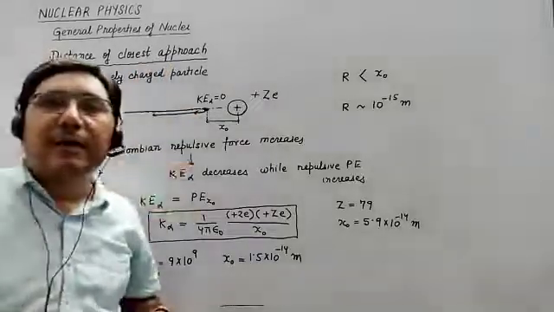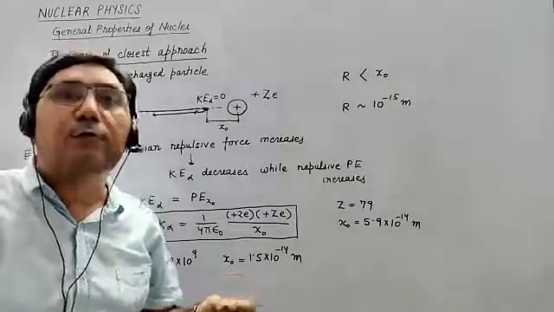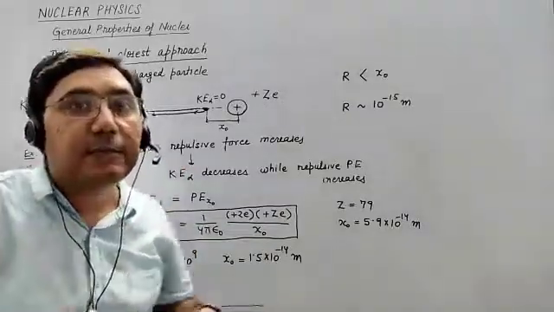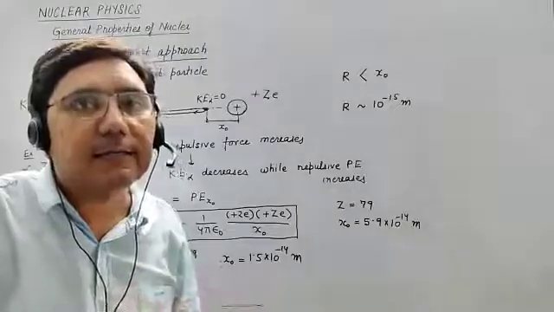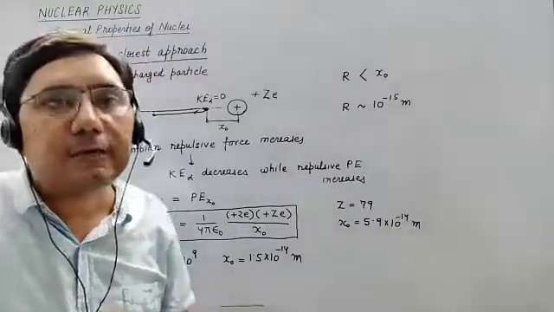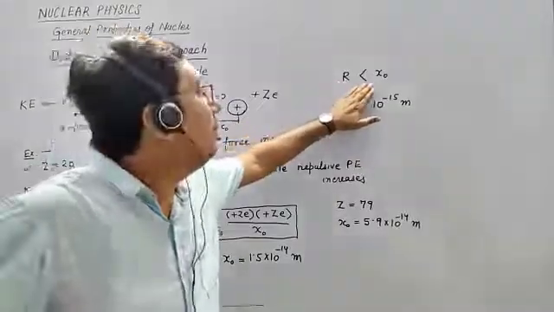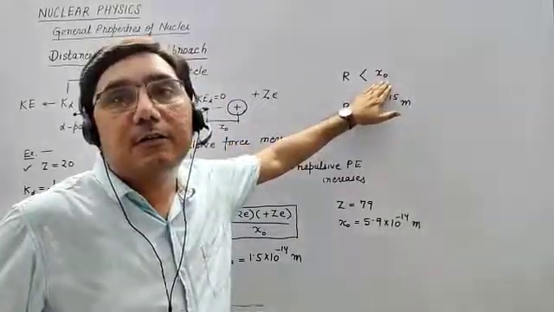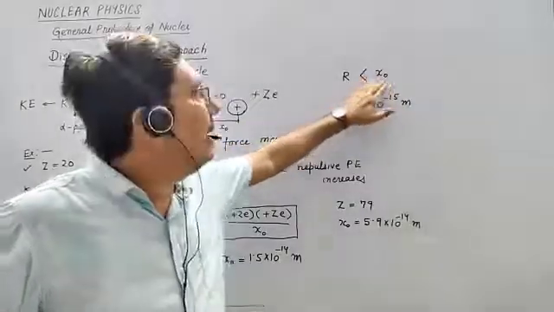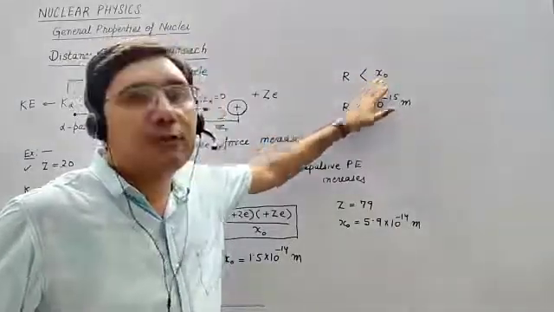He was not able to calculate the exact radius, but he told us that the radius of the nuclei will be less than the distance of closest approach.